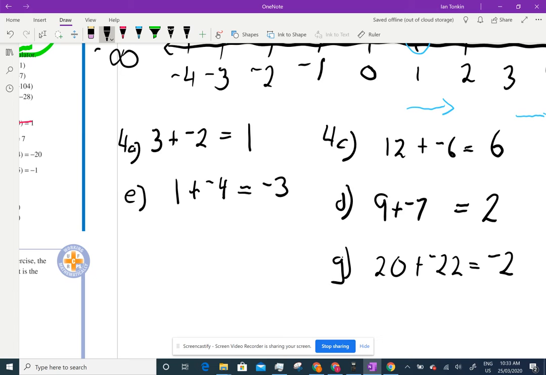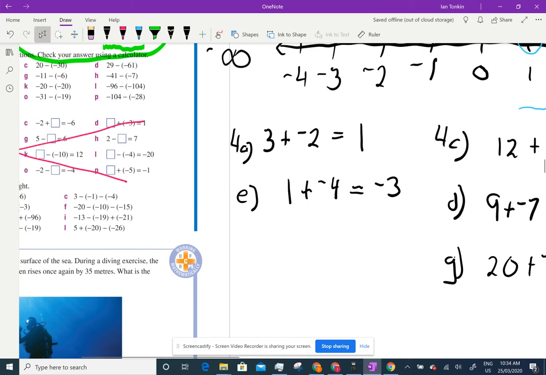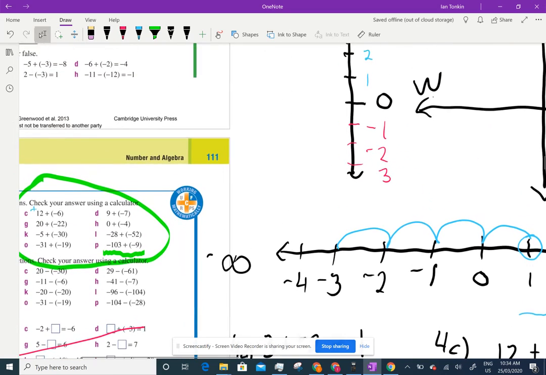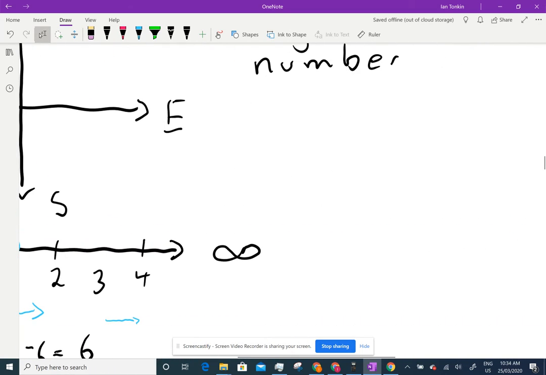So hopefully you've been having a go at those. But there is another way to do it. There is a much easier way to do it. And if you watched the video, you would have seen this. So I'm going to go up here to our notes again. And our notes suggest that when you have a plus and a positive sign, you can replace it with just a positive sign.